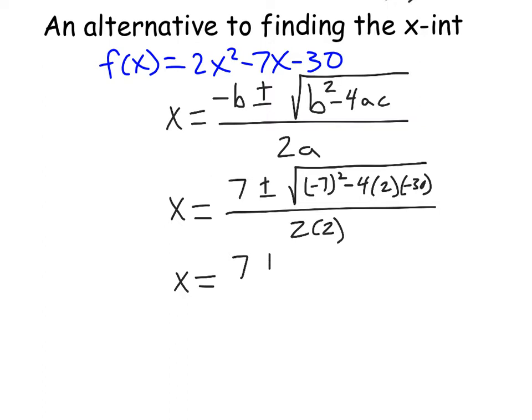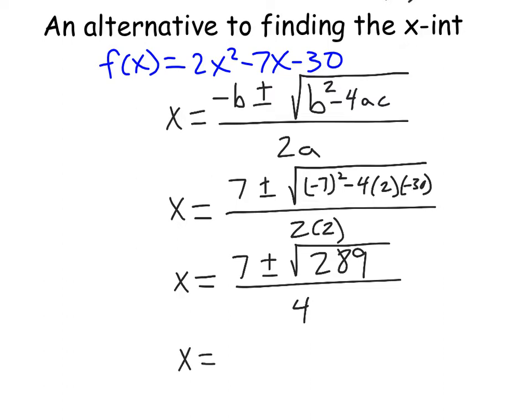All right, so 7 plus or minus whatever that square root simplifies to, over 4. That's where you spend most of your time number crunching, but you should find that it's all 289, and the square root of 289 is 17.